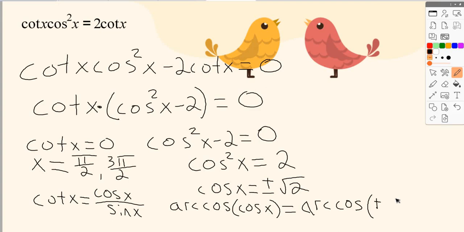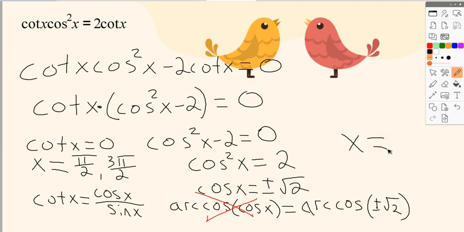Because that's what we're trying to do, get rid of the cosine, because we want to solve for x. Normally we do that by looking at our unit circle, but since this is not on our unit circle, I can't do that. But since arc cosine and cosine are inverses of each other, I'm just going to be left with an x.